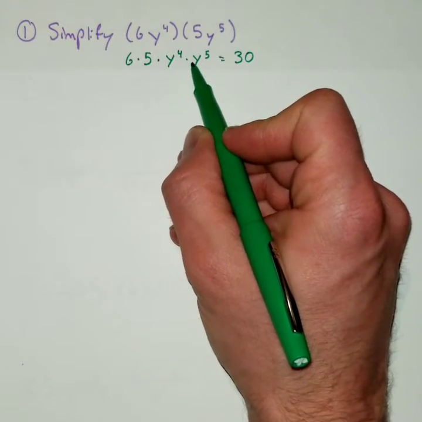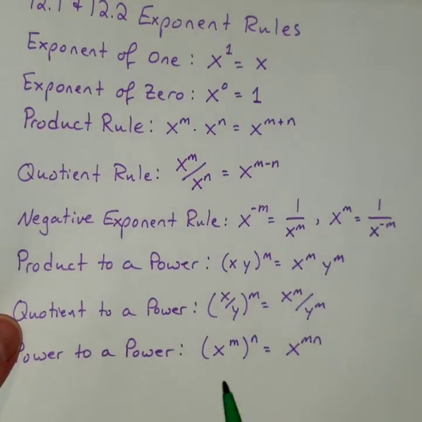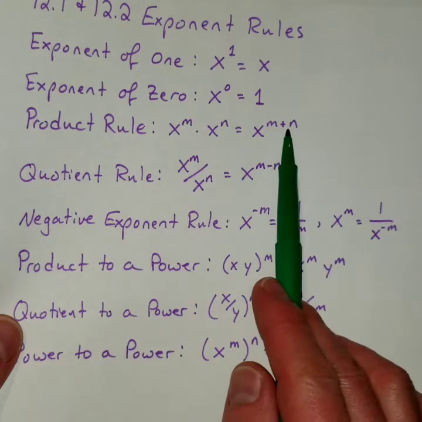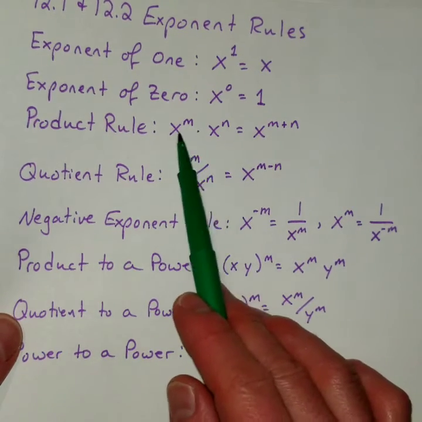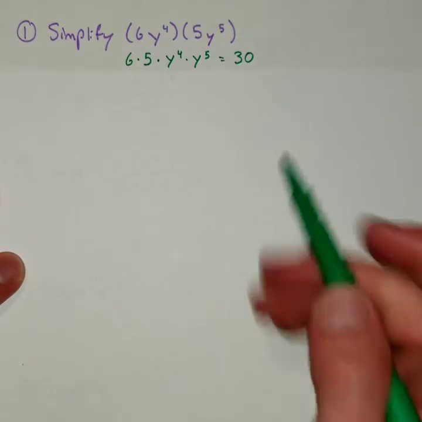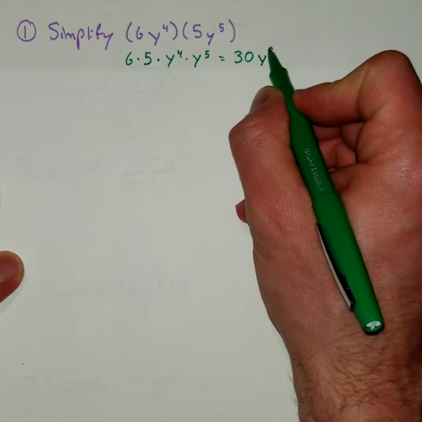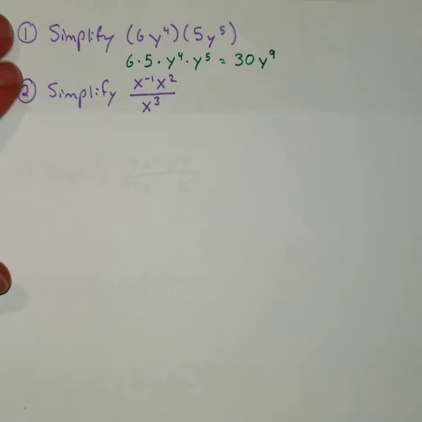Y to the 4th times y to the 5th, to do that, we're going to utilize the product rule where we add the powers, right? We've got a product where the bases are the same, you're going to add the powers, you get y to the 9th. And that's it. It's as simple as it gets.